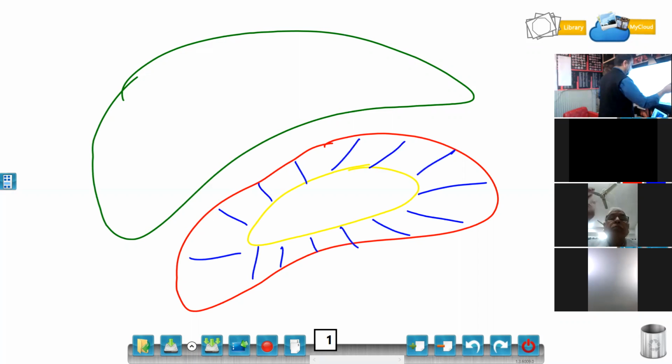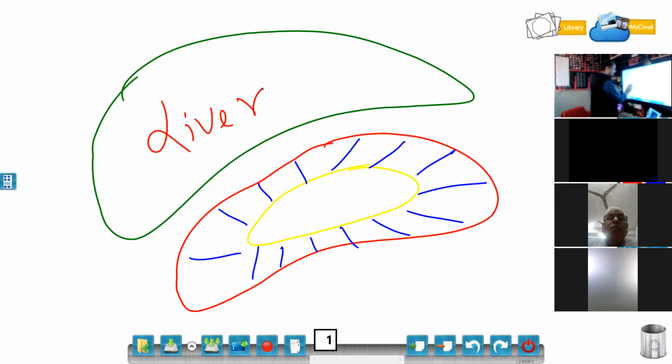Now the point is, the liver is equal in echogenicity when I am comparing it with the parenchyma. Now, if the liver is more echogenic, then it will be fatty liver.